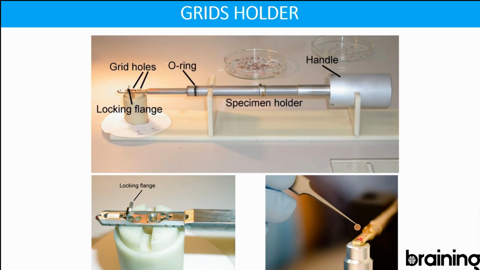As you see, it's very precise. You need to have a very steady hand to put it there so it doesn't fly away. And it needs to stay right here. You have a flange here, like a locking, that you put on top of the grid, so it stays put while you are introducing this holder into the electron microscope.